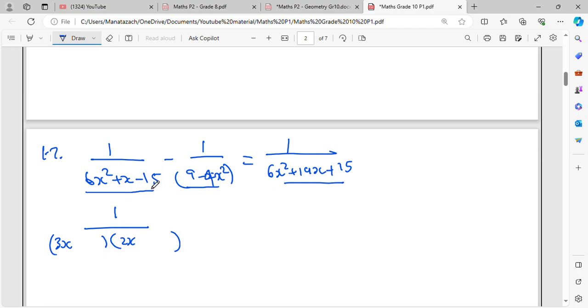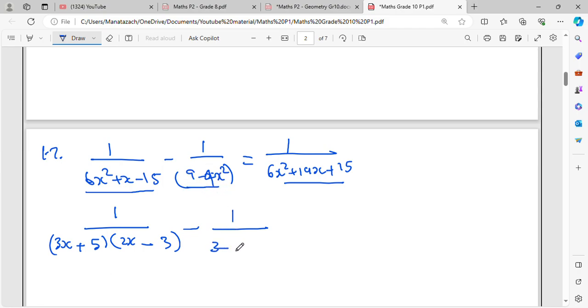Okay, so the factors of 15 is going to be 5 and 3. We'll make this positive and that negative. So that's how you factorize this particular quadratic function. So here you are dealing with the difference of two squares.